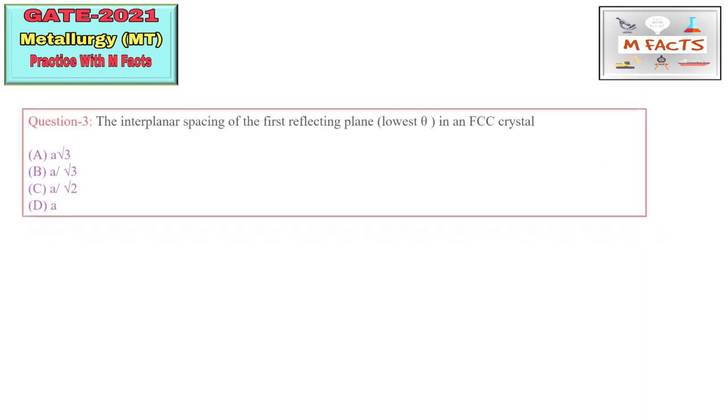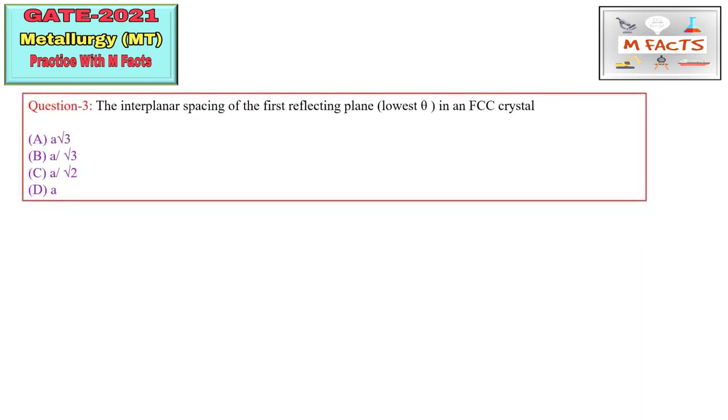So the next question is the interplanar spacing of the first reflecting plane, that is lowest theta, in FCC crystal. Okay, so they are asking to calculate interplanar spacing. So first of all, we should know what is this interplanar spacing. So d is equal to a by under root of h square plus k square plus l square. This is the formula for interplanar spacing, and here this a is basically the lattice parameter.